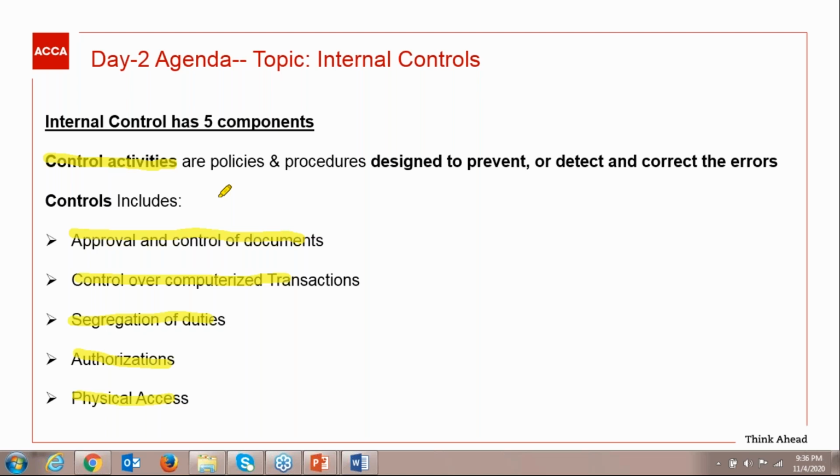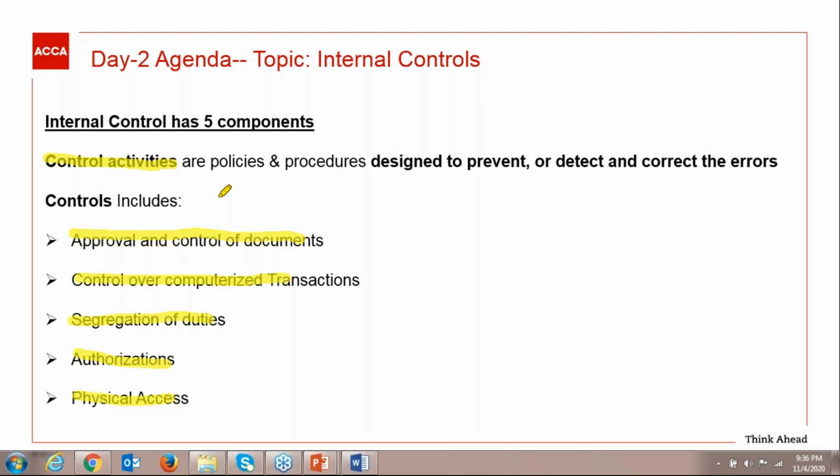Suppose we have discussed two examples: one is the entrance at the gate with limited access, and the second is the attendance.